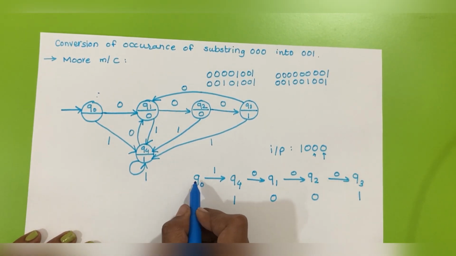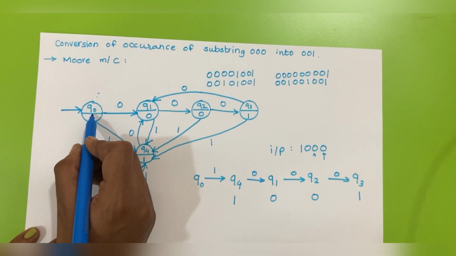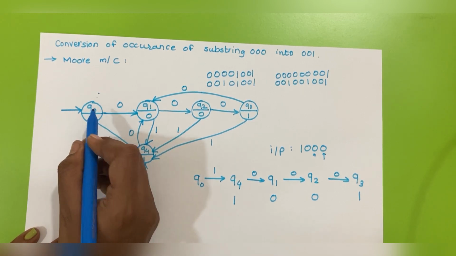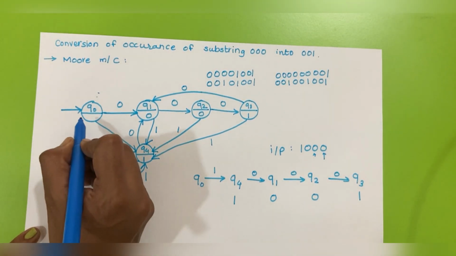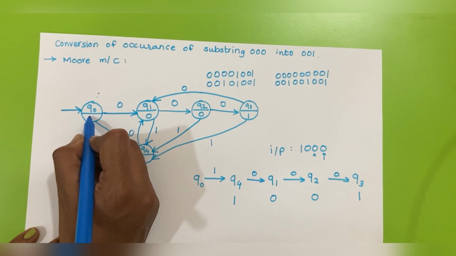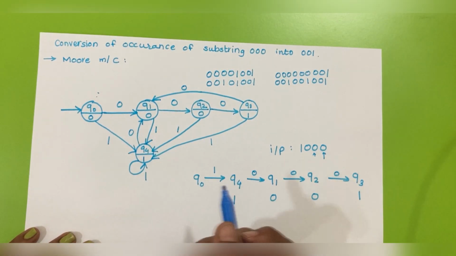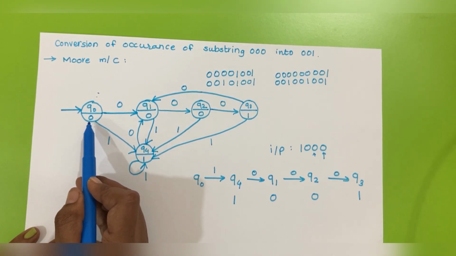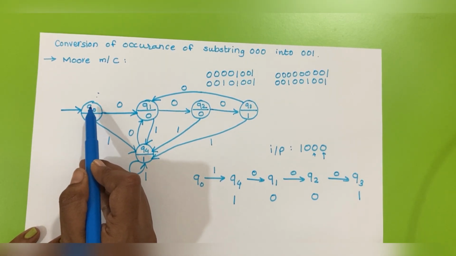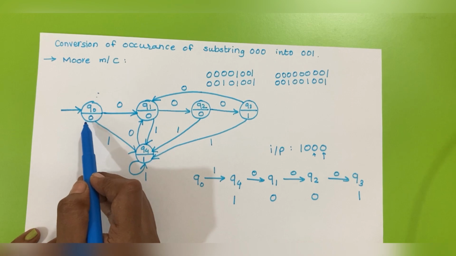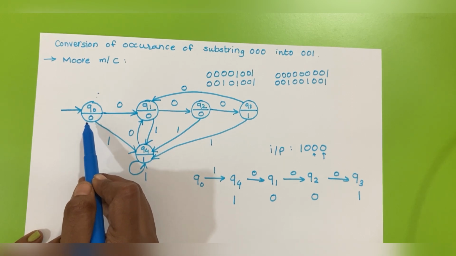Now here, since there is no incoming transition at state Q0, you can put anything, that is either a dash or 0 or 1.